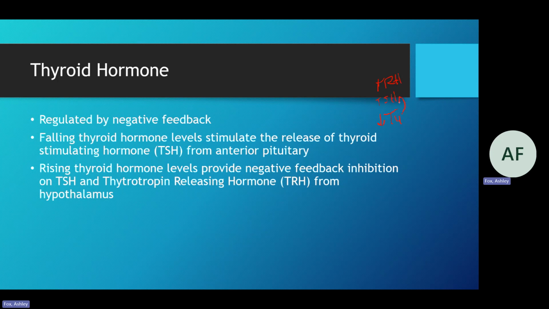If there's low T4, you want to stimulate the thyroid to release thyroid hormones, so the anterior pituitary releases TSH, which causes more release of T4. If you have a high T4, you're going to have an inhibitory effect, where you stop the release of TSH and stop the release of TRH.